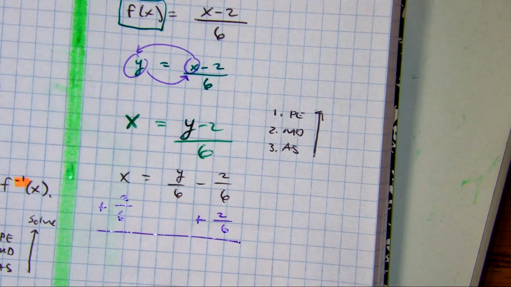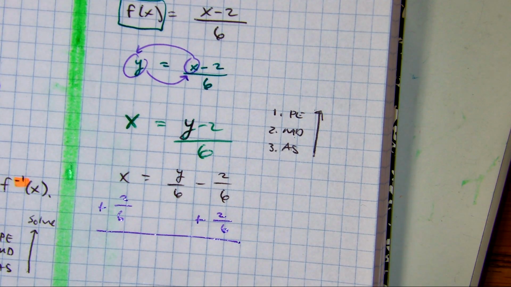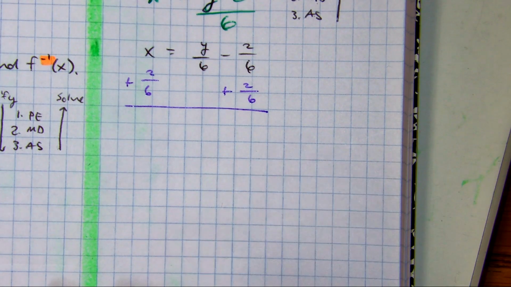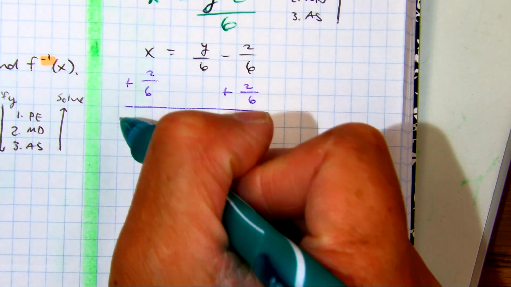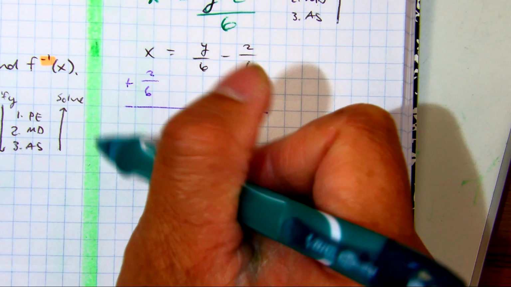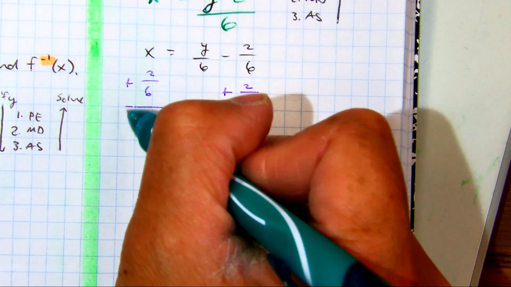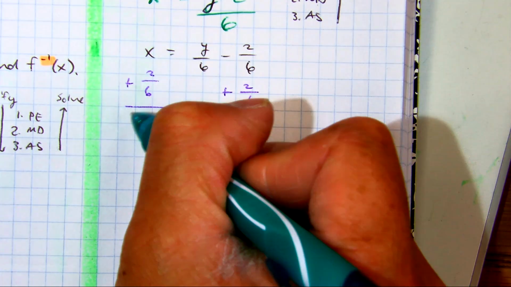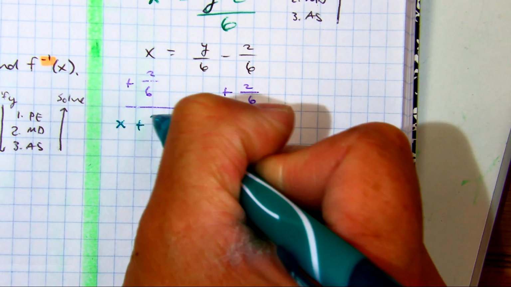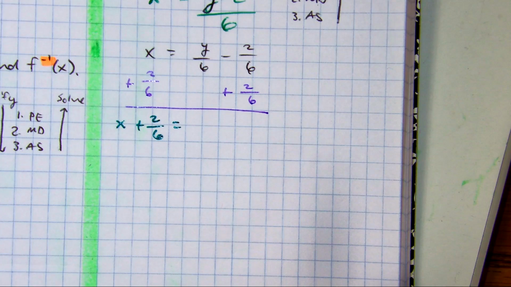Jesse, what's left? So we're adding those, right? So you can't put them together. And what's left on the other side?